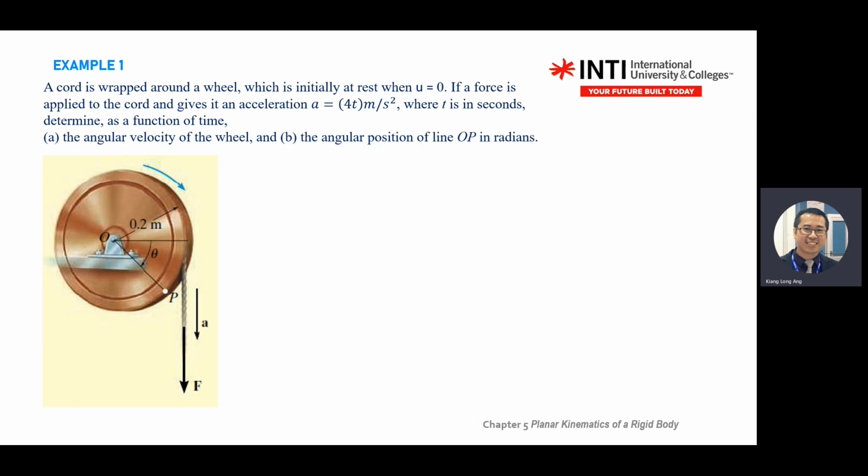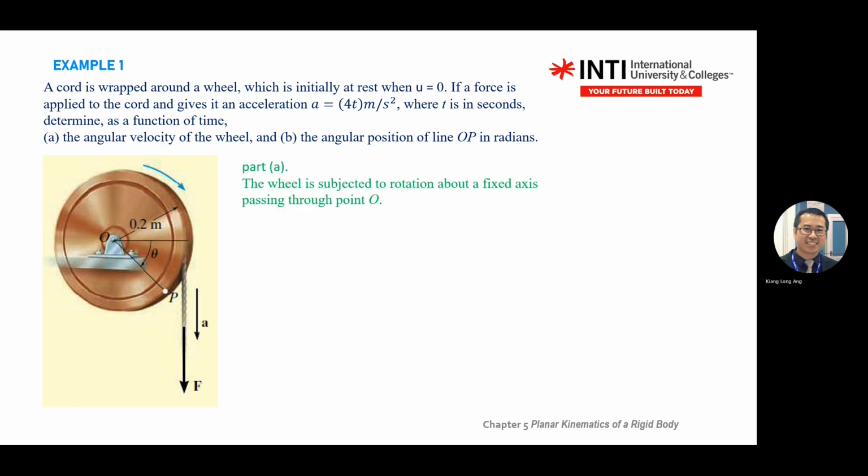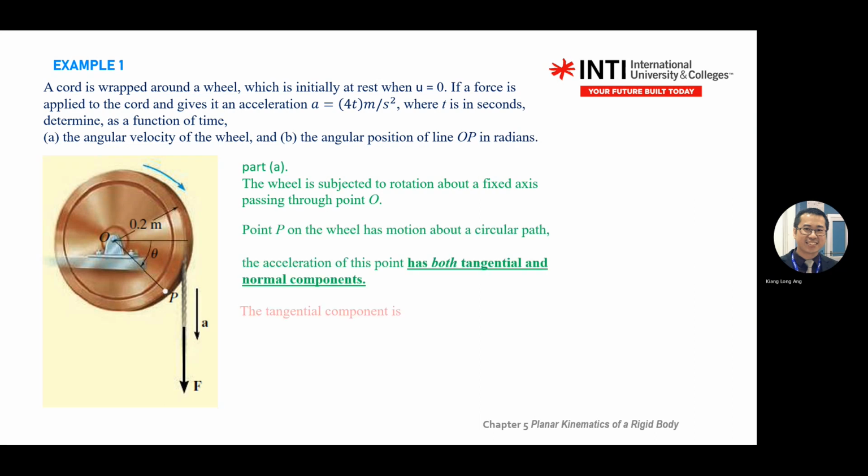Then you have three equations to use here. You have the omega 0. You want to find this one. You have the alpha. You want to change acceleration into A. So part A. Okay, the rest you read.